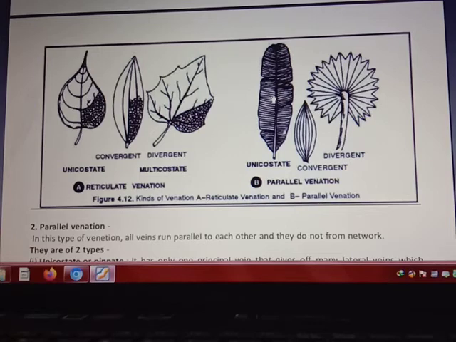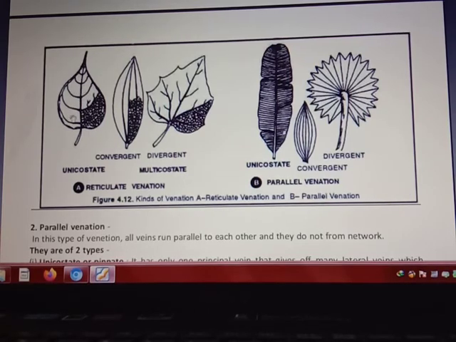Again, in unicostate, only one midvein is present, and all the lateral veins arise from it. But the difference is that here the veinlets are present in network form, while here they are present in a parallel fashion.